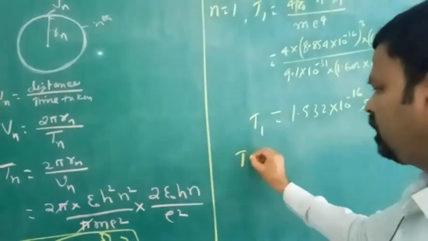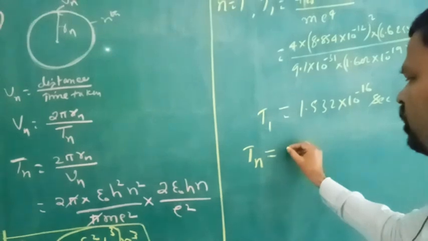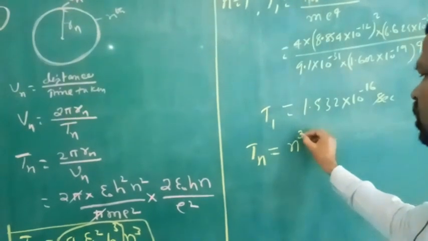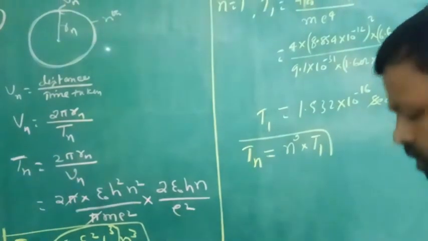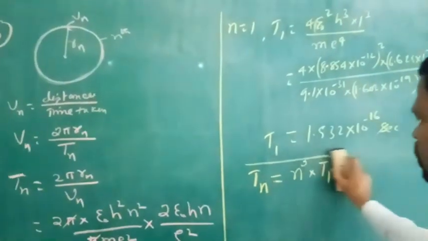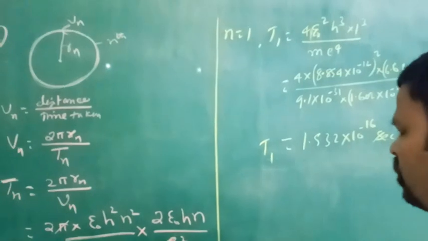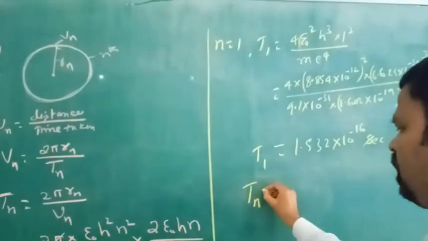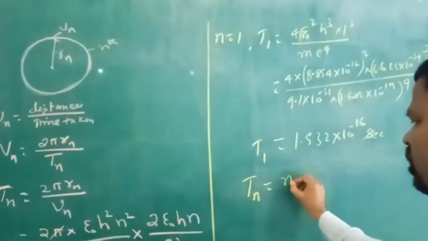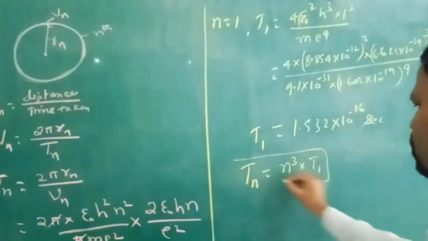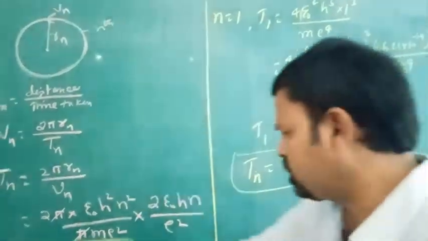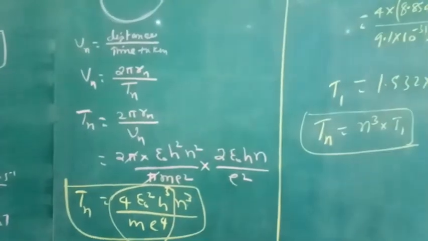Therefore we can write Tn is equal to n cube into T1. Remember this formula: Tn is equal to n cube into T1.